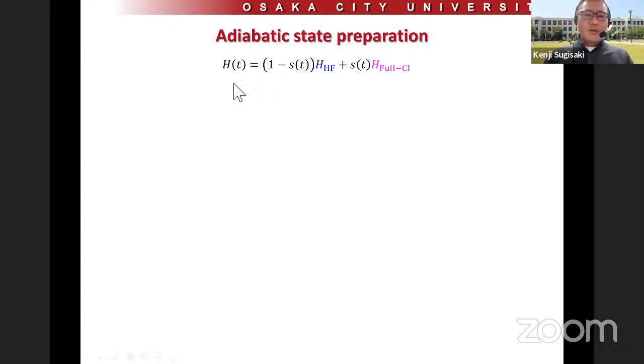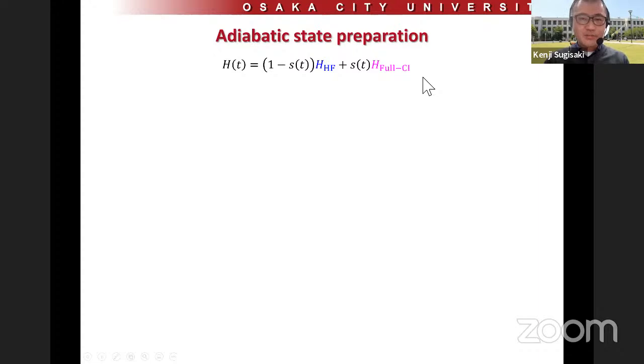So let us think about the time-dependent Hamiltonian. H_K is represented by a Hamiltonian of which the eigenstate is a Hartree-Fock wave function. So this is just a Fock operator. And this is a full electronic Hamiltonian, without truncating any operators.